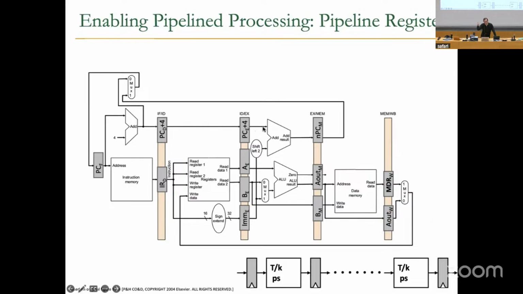But you'll use it in the next stage, which is the execute stage for some things, like branches, right? And also, we read the register file and we store the outputs of the registers, essentially the data values of the two registers that are read. And we also store the sign extend immediate. And these are going to be needed for execution of different instructions over here in the next stage.